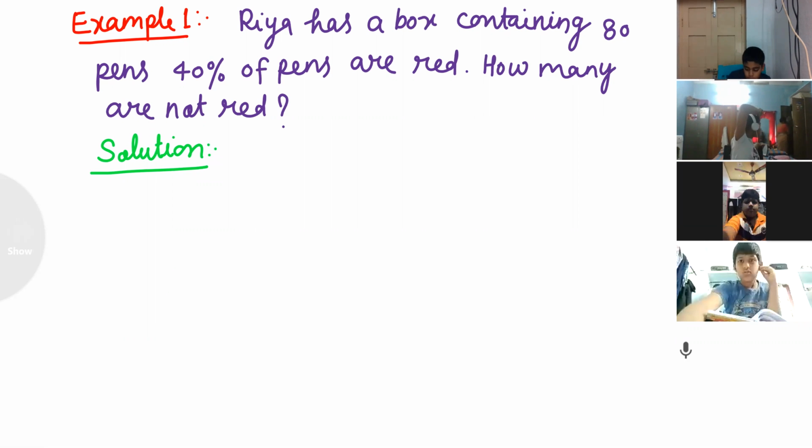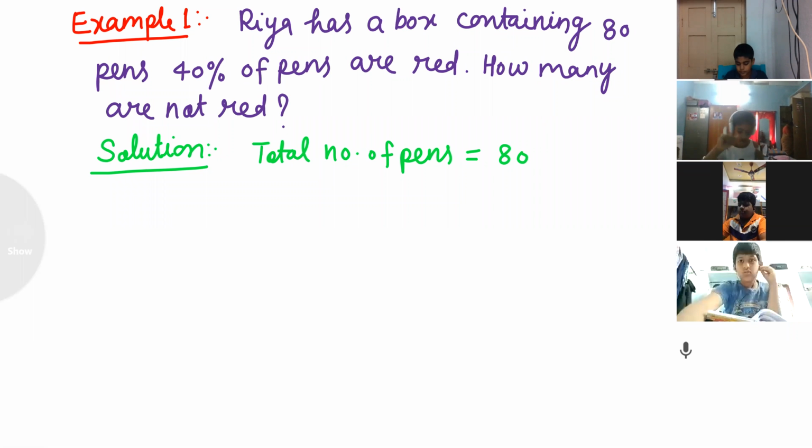Ria has a box containing 80 pens. 40% pens are red. How many are not red? It means total number of pens is equal to 80. Now 40% pens are red.